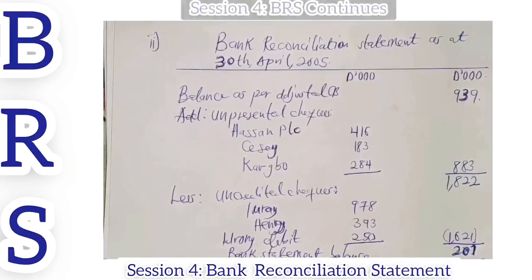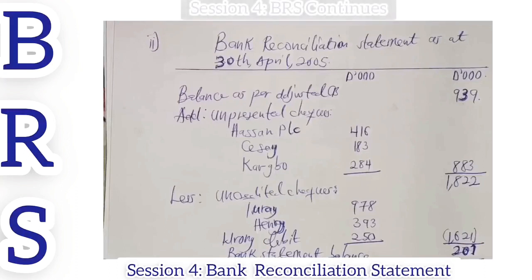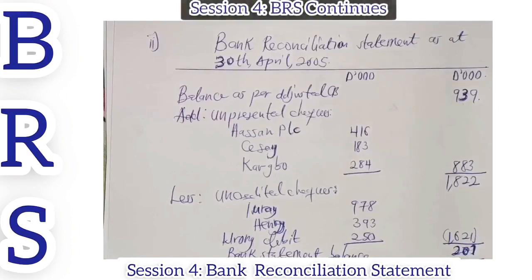So always look out for items that will go to the adjusted cash book. Most of them are found on the bank statement but cannot be found on the adjusted cash book, whether it should be at the credit or the debit of the cash book, but was not found there, though it was in the bank statement. That's where it goes into the updated cash book, and those will be information that the customer of the bank wasn't able to record as at the time the bank statement was received.